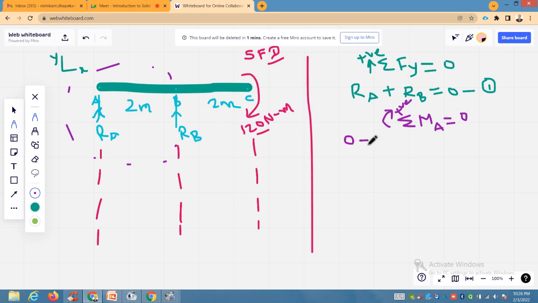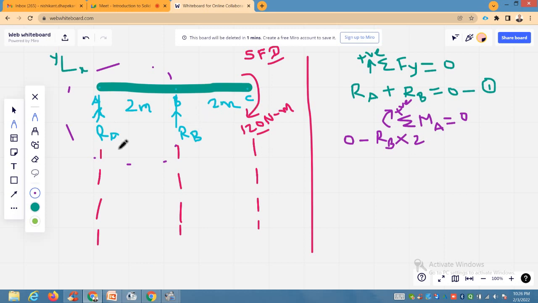If you consider the conventions anti-clockwise positive, clockwise negative, the solution will not change. You can assume your sign conventions as per your wish. So here I am considering this anti-clockwise moment as negative. So quite obvious that the reactive force RB is to be multiplied with the distance or lever arm 2 meters.